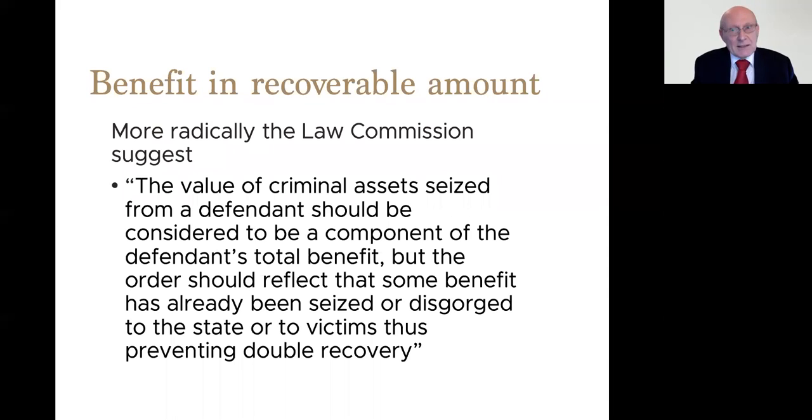But, and here's the but, the order should reflect that some benefit has already been seized or disgorged to the state or to victims, and so there should not be a double recovery. So what they're suggesting here is that although the figure should be in benefit, it should not be in the recoverable amount.